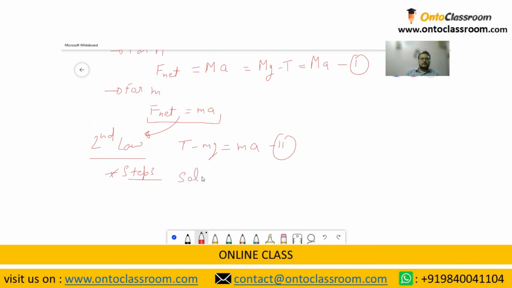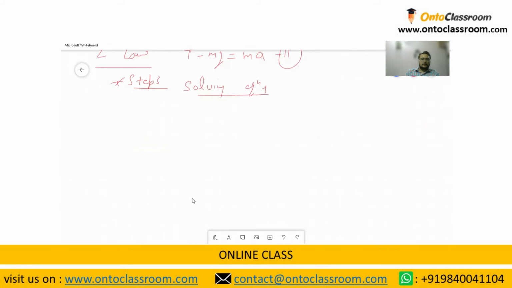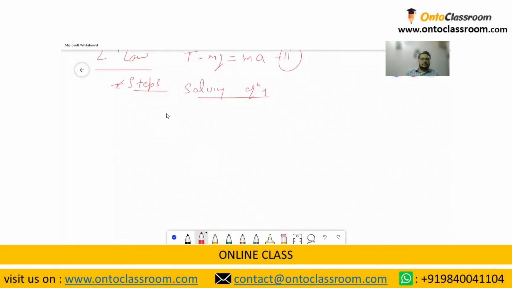Now step 3 will be solving these equations. In this question, we came to these two equations. These two equations can be solved by simply adding them. By adding, this T term in each equation will cancel out.